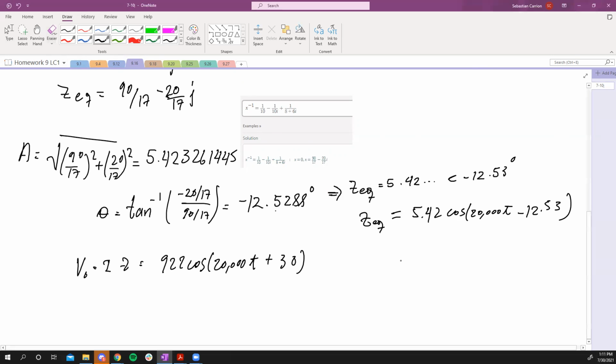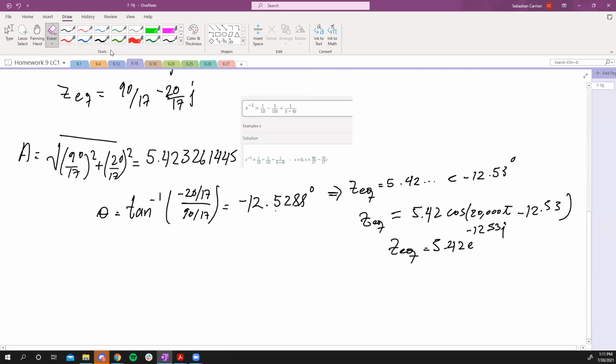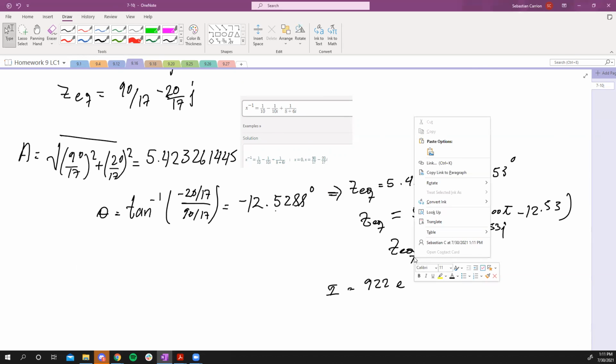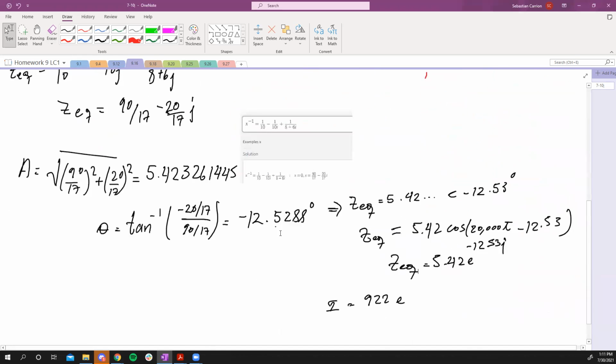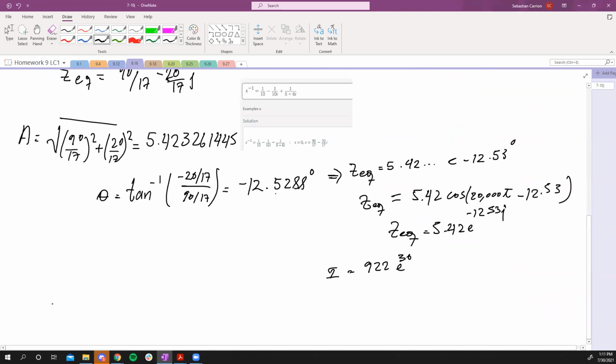We put our current as 922 e to the 30j, times the impedance 5.42 and so on, e to the negative 12.53j.